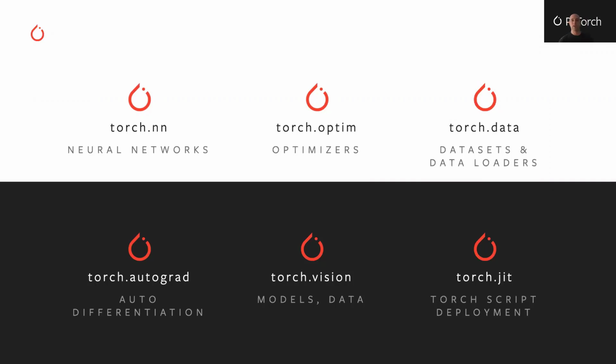There is a set of domain libraries like Torch Vision, which provide models, data, transforms, etc. And then, of course, really the beating heart of how we actually ship models in production is torch.jit, our just-in-time compiler, and the associated language that we use to do that, called Torch script, which is really a Pythonic DSL, a domain-specific language that basically does not have a global interpreter lock, and that can be essentially shipped in a Python-free environment.